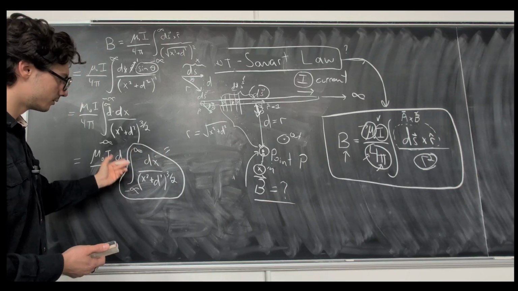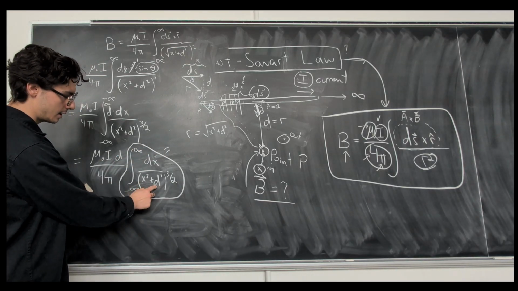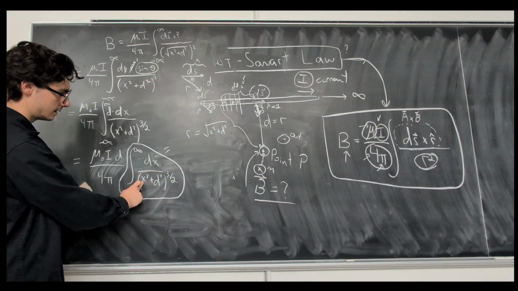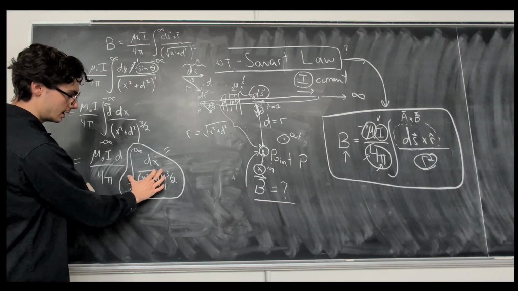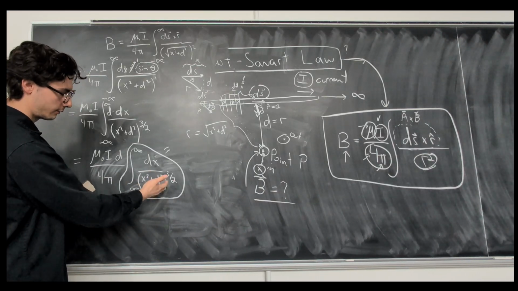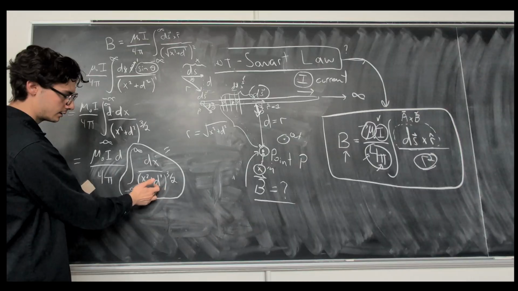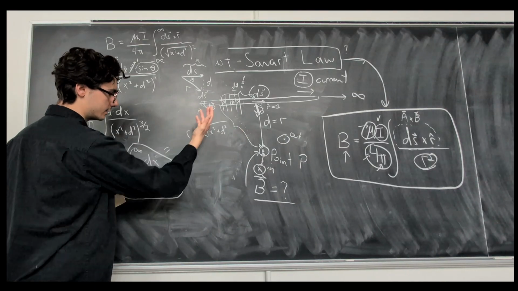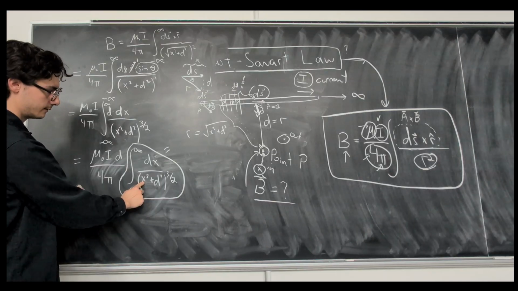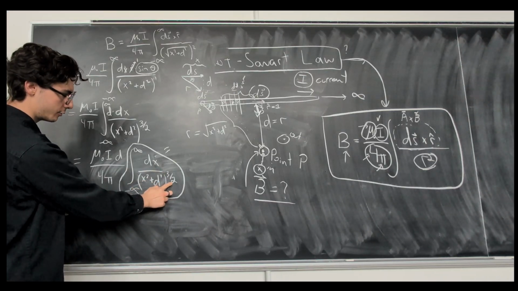Maybe they replace this d for an a, b, c, d, whatever. X is here, x is here. This is the variable of integration. You have this whole thing, x squared plus d squared. D could be changed for any letter, it's just a constant, not changing. But x is the variable that is changing. And this whole thing to the power of 3 over 2.